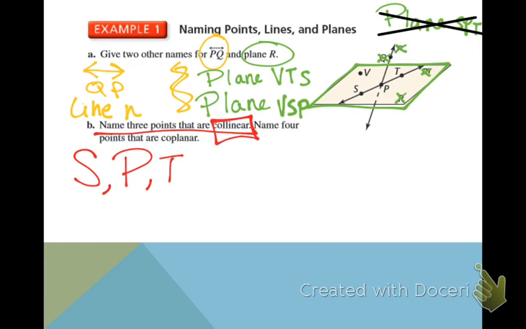All right, and then name 4 points that are coplanar. So Terrell's going to help us out with that. Terrell, what does coplanar mean? You're going to find out what it means. Come on, bud.